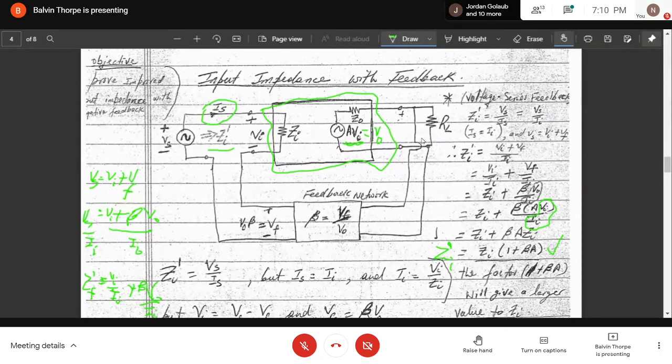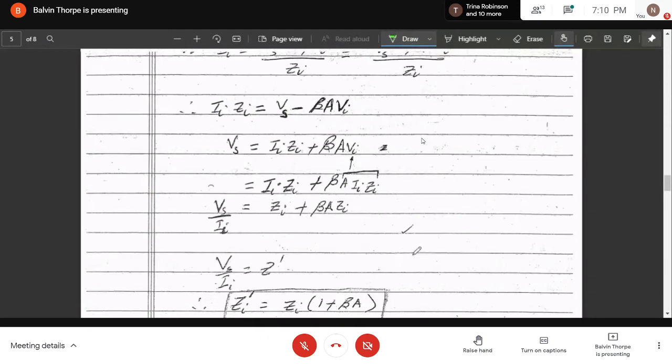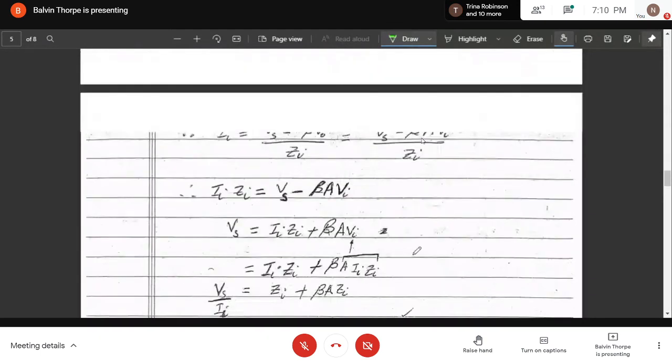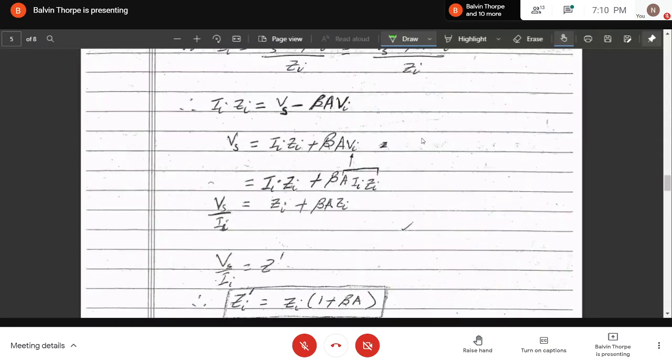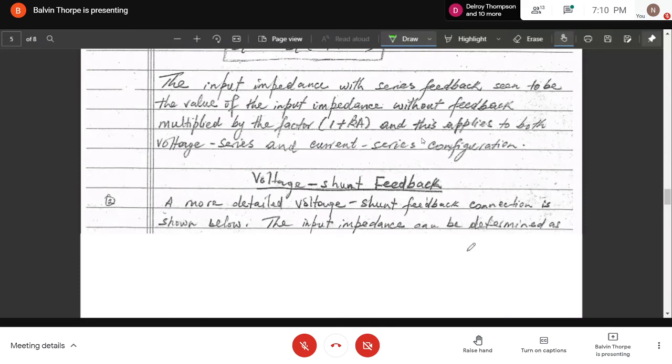Because the rest are simple proofs. Again, input impedance, whether it be for series or shunt, voltage or current inputs, is shown right here. The other thing I want you to do is prove the others.